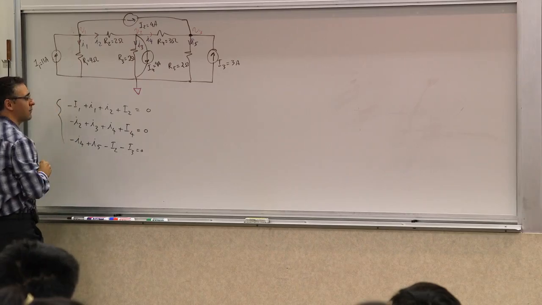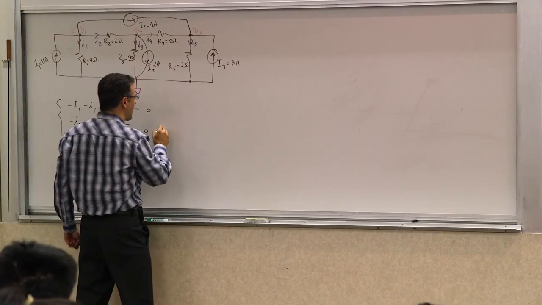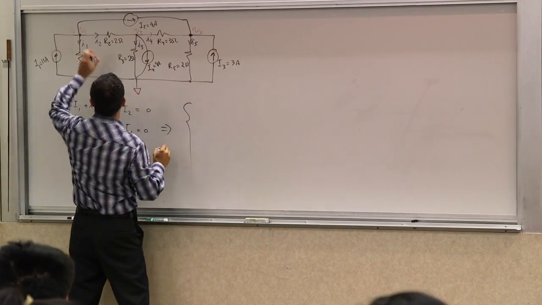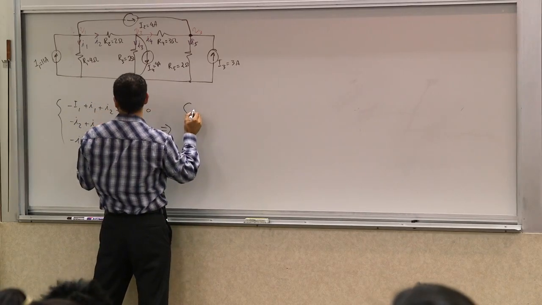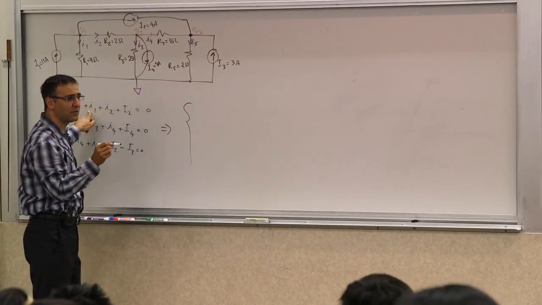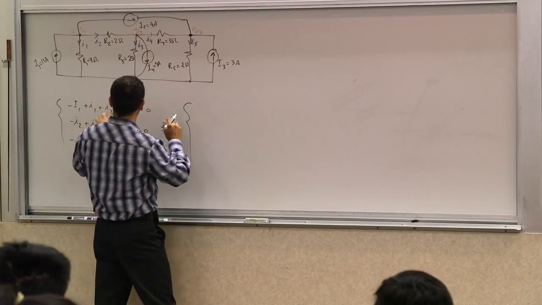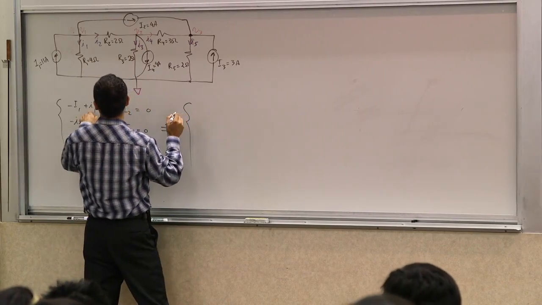But again, these are not what I'm looking for. What I'm looking for is writing these in terms of the node voltages. So other than the stimuli, I'll have to write these in this form, and while I'm doing that, also move the stimuli currents to the other side. So I have I1 plus I2 here.